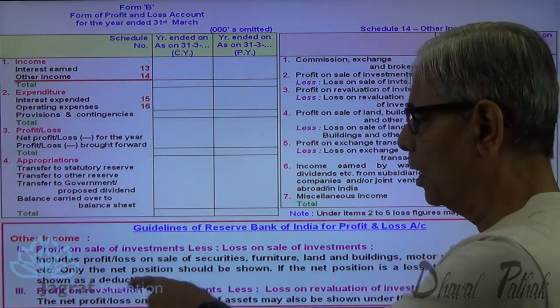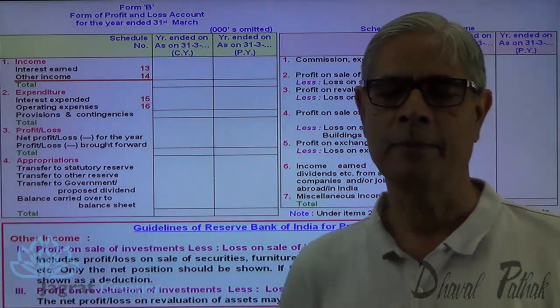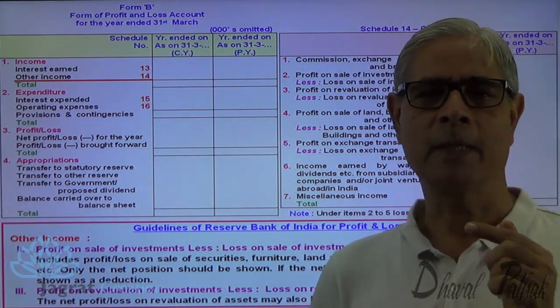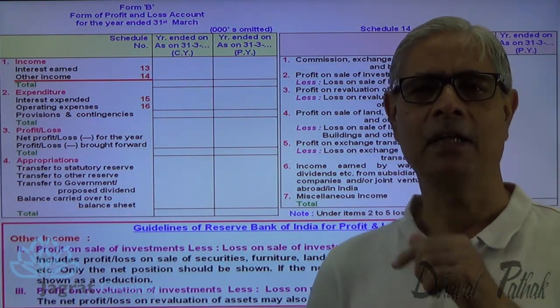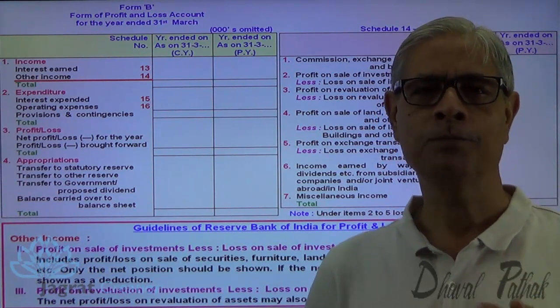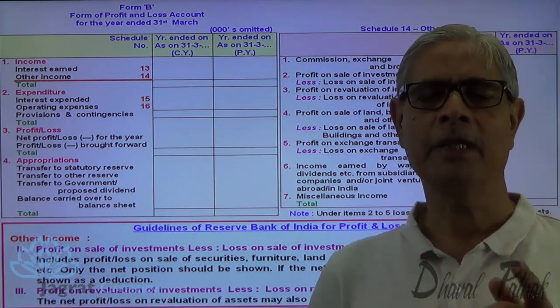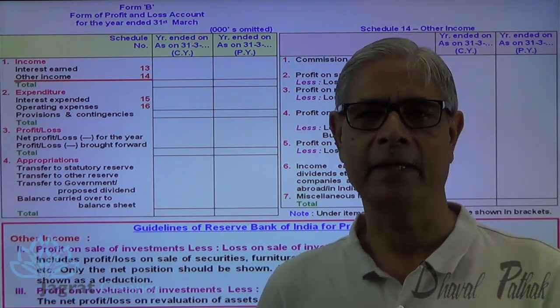Profit on revaluation of investment less loss on revaluation of investment. These investments, though not sold, are revalued, and at the time of revaluation, the increase in value or decrease in value may occur. Increase in value may be identified as gain, and decrease in value may be identified as loss.